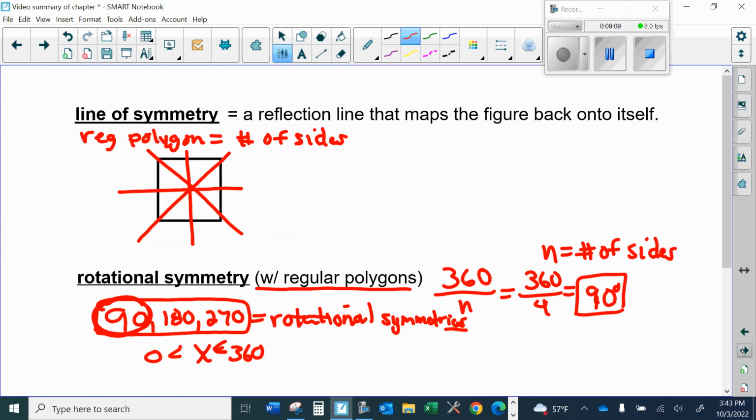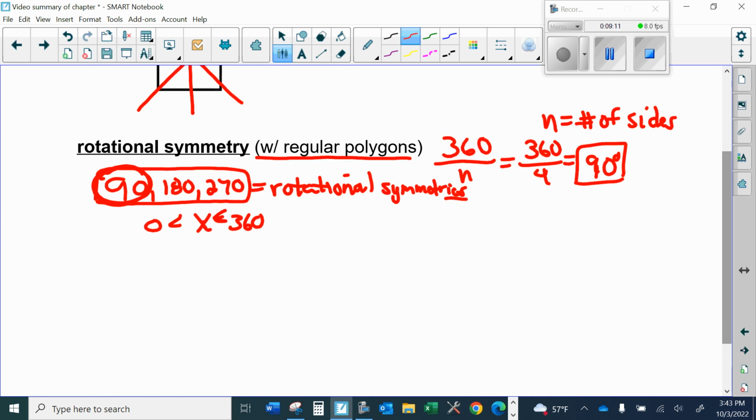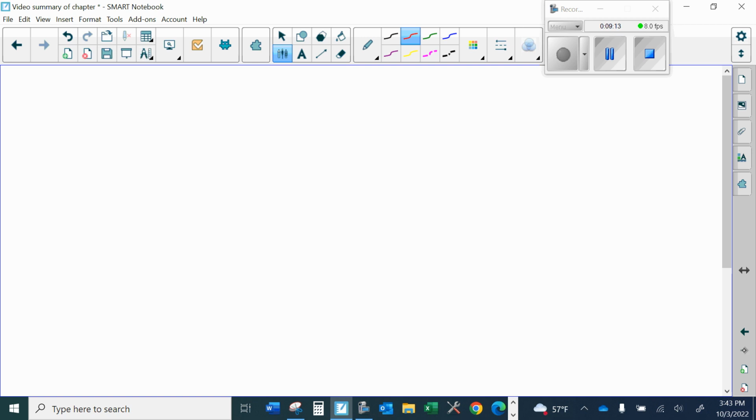translations, rotations, reflections. Okay, let me just do one quick drawing right here. Remember, if I see a circle with a point, and I have this triangle right here, that's my pre-image.